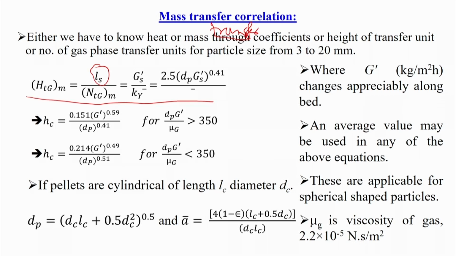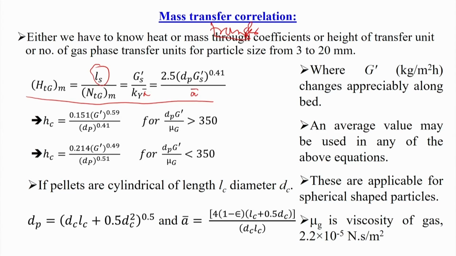So H T g is equal to L s by N T g, which is equal to G s prime by K y prime into K y into A prime, which is equal to 2.5 into dp into G s prime to the power 0.41 divided by this A prime.